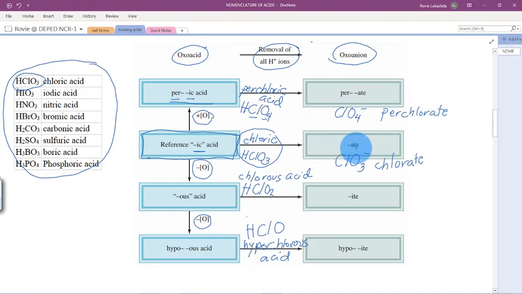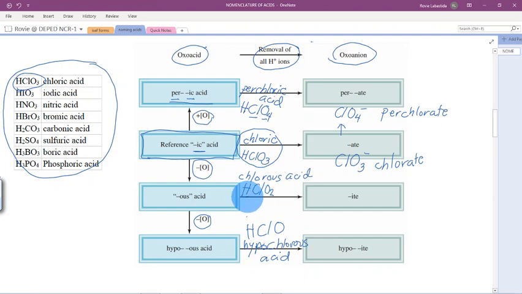So from the ate ion, if you add 1 oxygen atom to this formula, it will become ClO4 negative, and that will be a perchlorate ion.